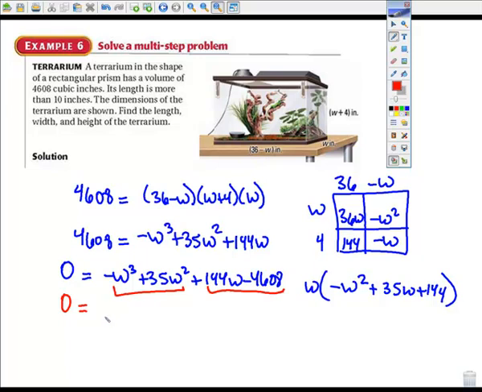When I group the first two, I'm going to factor out a negative W squared. And when I do that, that gives me a W plus 35. Nope, W minus 35, sorry. And for this next one, I'm going to see if each of them are divisible by 144.